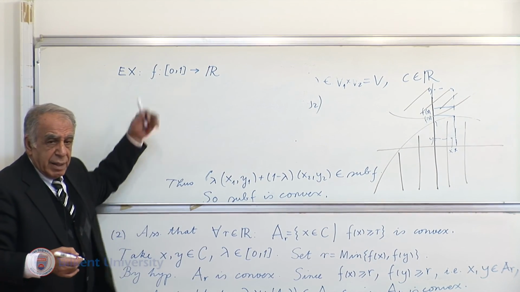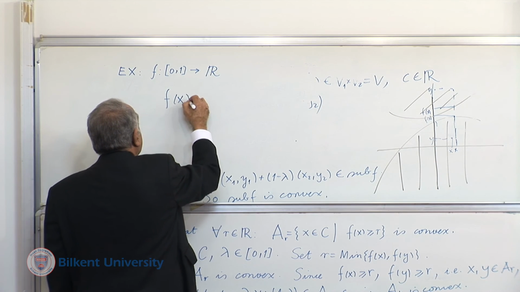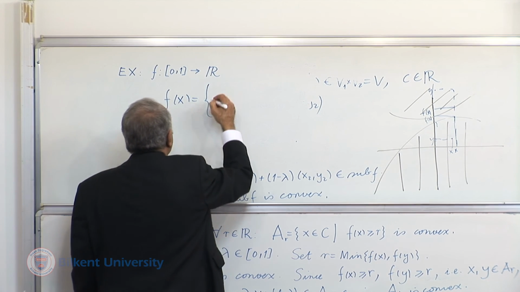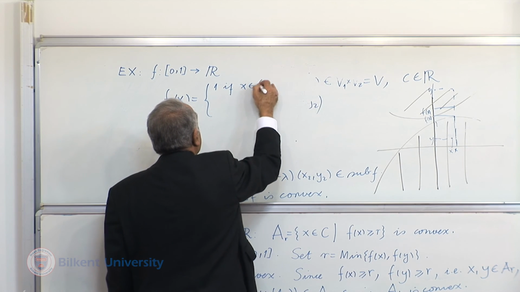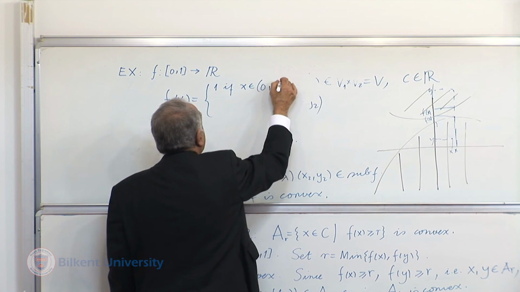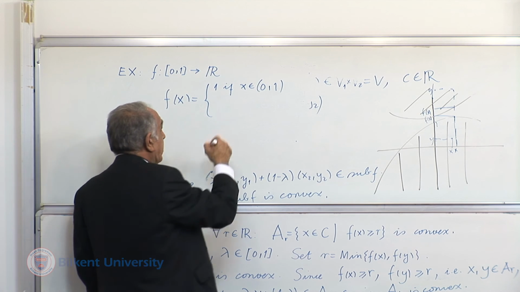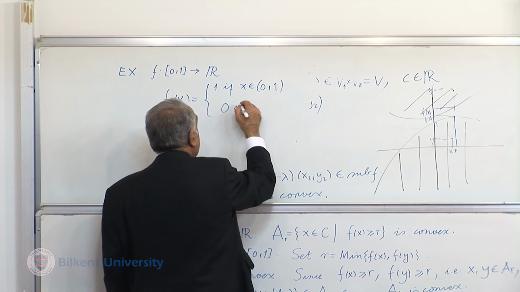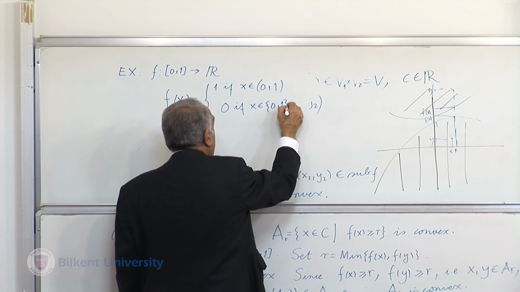This is a convex subset. F of x equals 1 if x is in the open interval (0, 1), but you have 0 if x is either 0 or 1.